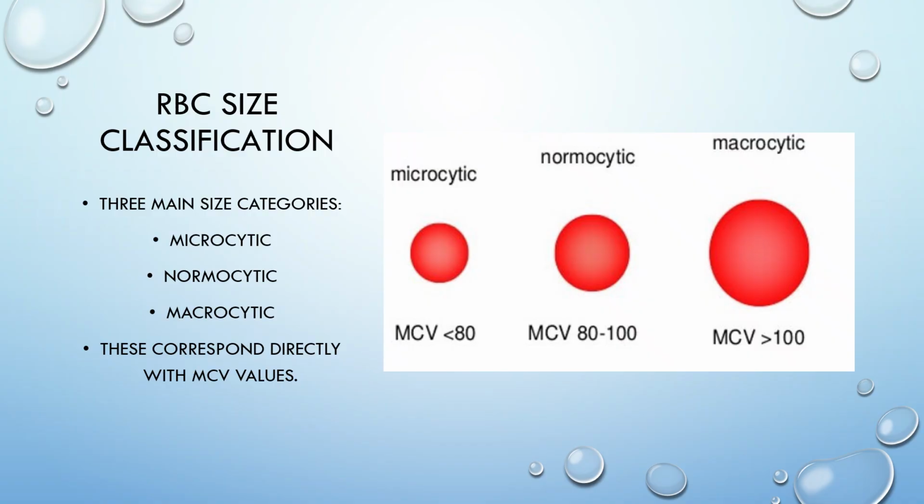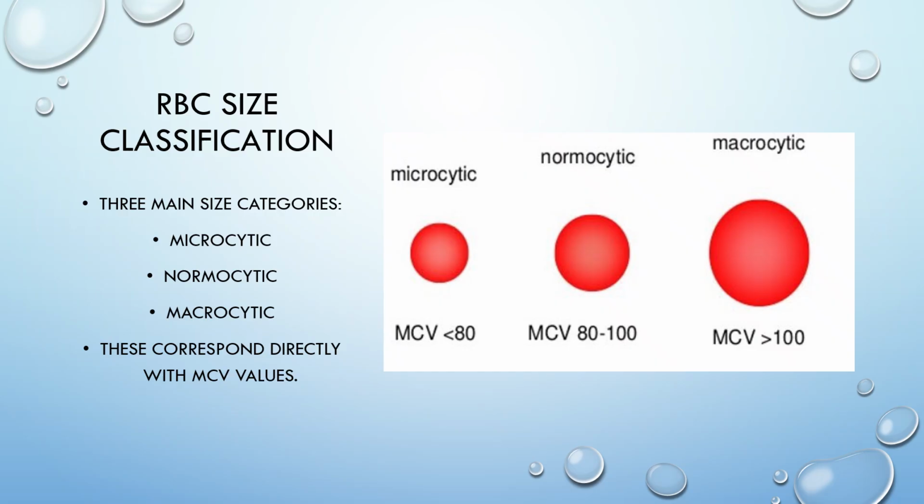When we evaluate red blood cell size, we generally classify red blood cells into three main categories. The first category is microcytic, meaning the red blood cells are smaller than normal. The second category is normocytic, where red blood cells fall within the expected normal size range. And the third category is macrocytic, where the red blood cells are larger than normal.